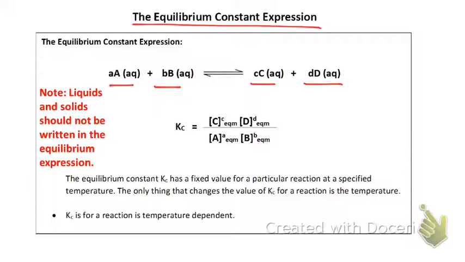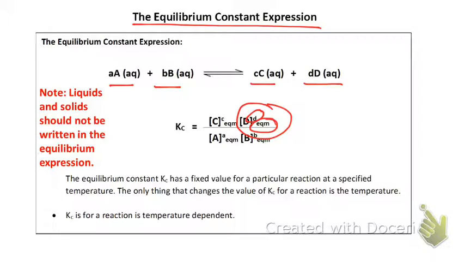So as you can see here, we're going to take the concentration of one of our products, which is D, and raise it to its coefficient, which is little d, and we have brackets.